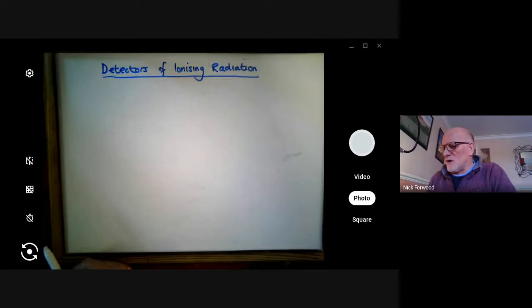When you're following this lesson, you could do a sketch, and you could try and copy a sketch of my photos. If you've got a printer at home and you're able to do this, you could do some Googling yourself and look for some of these detectors and perhaps print out a picture and stick it in.